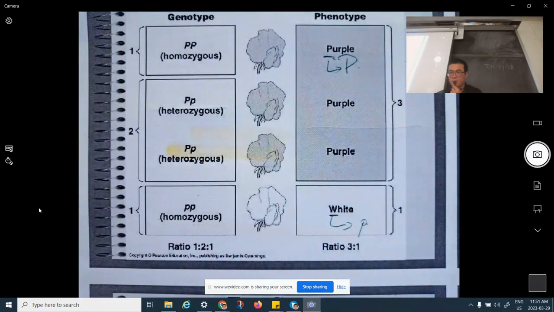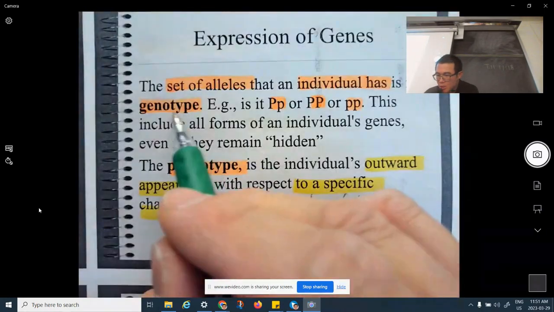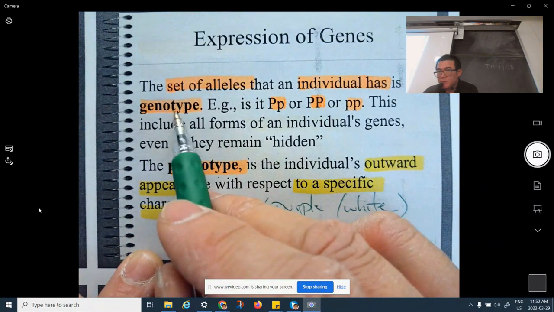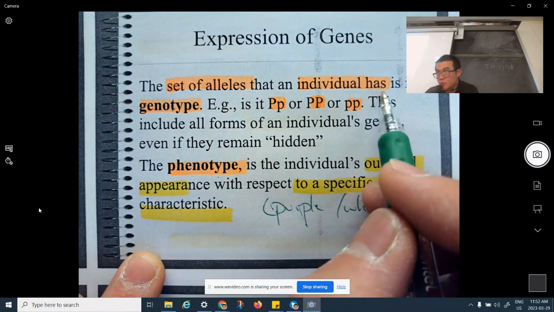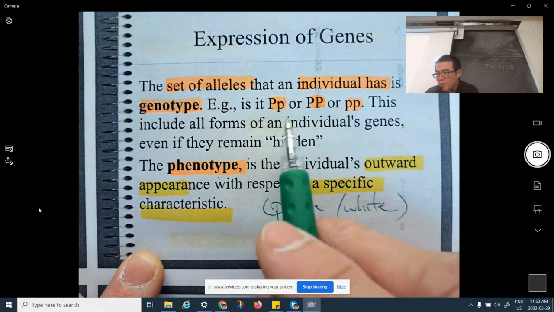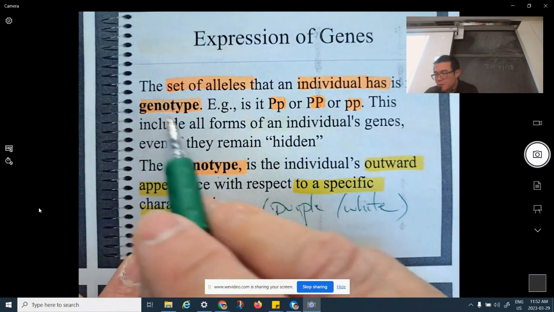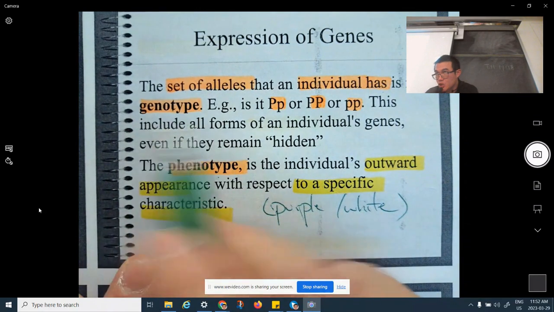Also, this leads to another set of terms: genotype versus phenotype. Genotype is what kind of allele an individual has. So we're talking about either big P, small p, or two big P's or two small p's. When we're talking about what kind of letters or alleles, that's genotype.